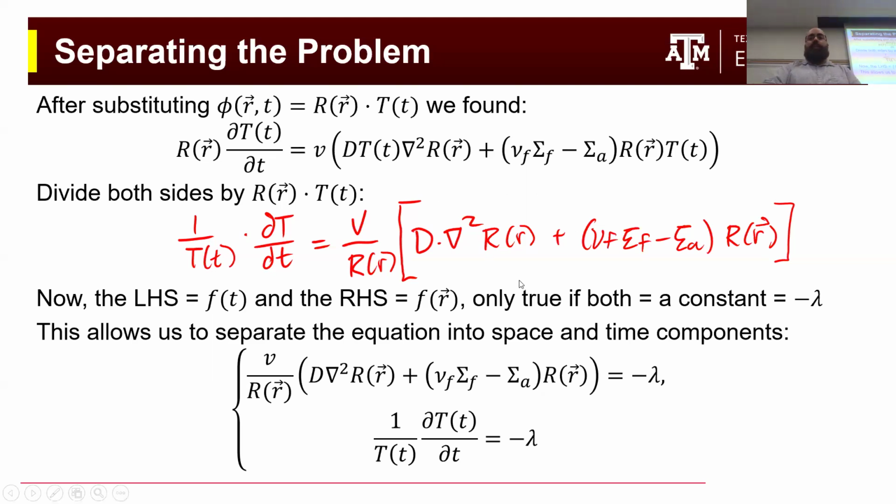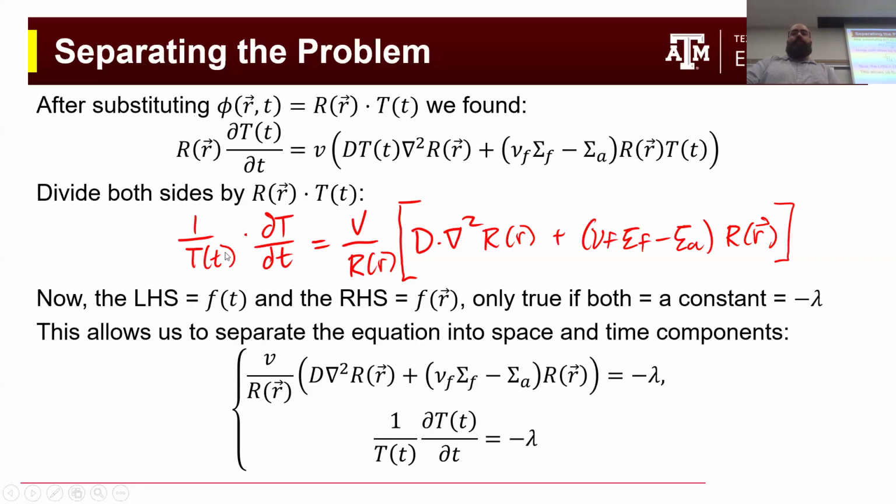If I knew what the spatial shape function was and I started evaluating the right-hand side at different R positions, R equals 0, R equals 1, R equals 2, I would get different values. The right-hand side might be changing, but the left-hand side doesn't depend on space. So the left-hand side doesn't change when I change my spatial variables, and the right-hand side doesn't change when I change my time variables.